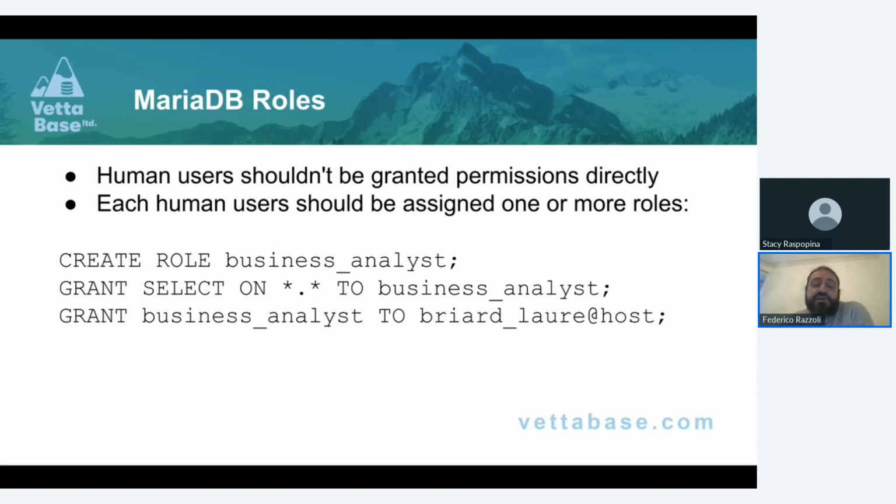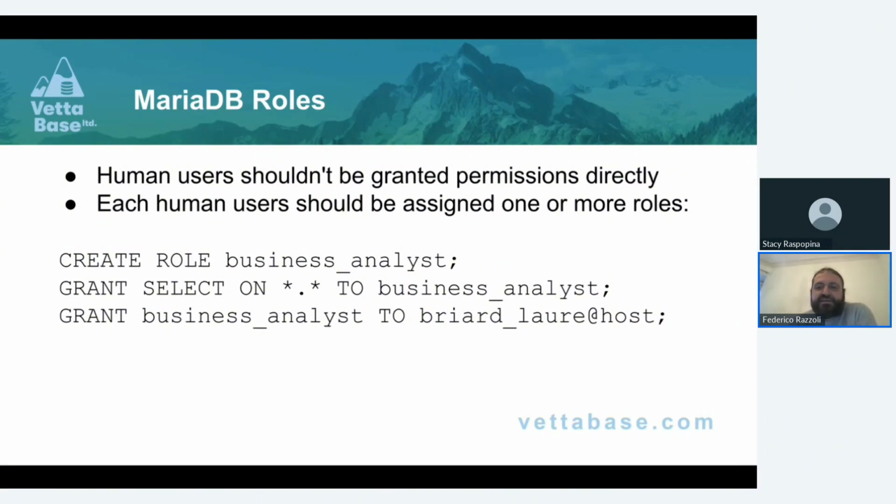So human users shouldn't be granted permissions directly, okay? Because normally all human users, or at least several human users, have the same permissions. So handling lists of identical permissions is not ideal.